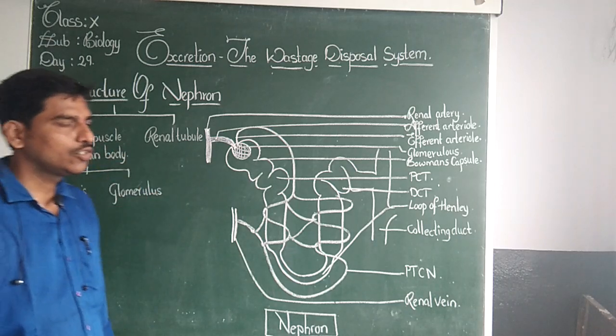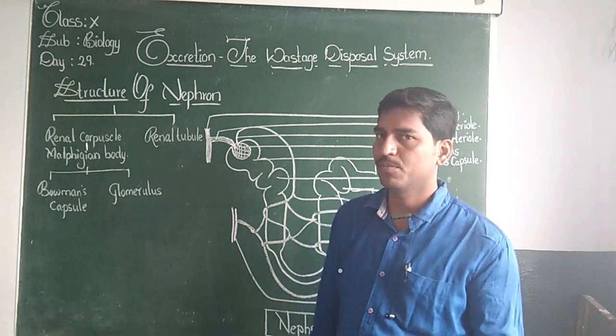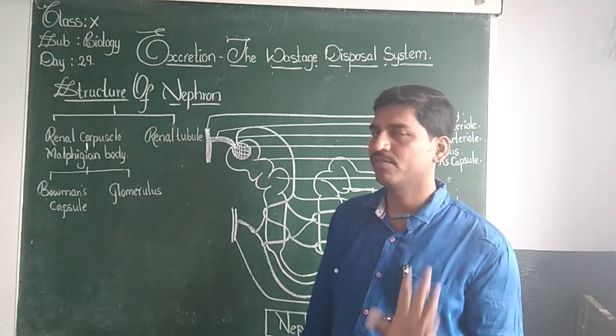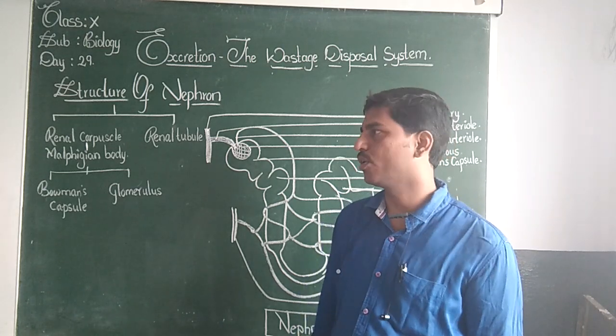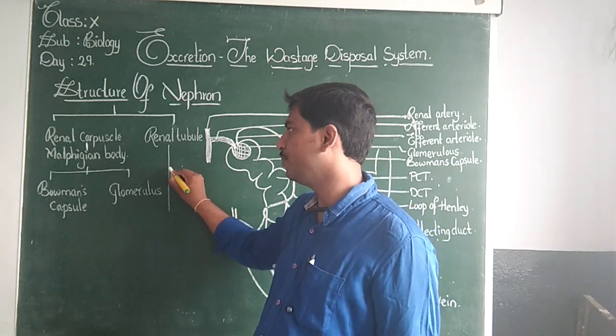So these are the two parts of the Malpighian body: Bowman's capsule and the glomerulus. And coming to the next thing, the renal tubule.